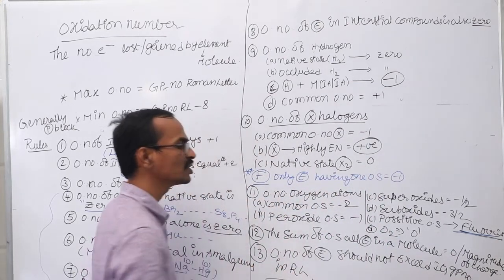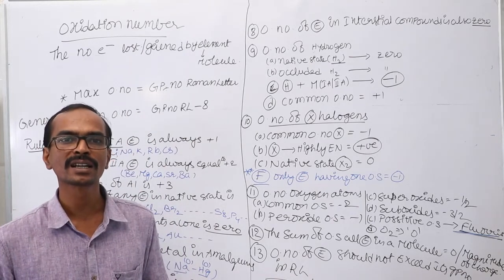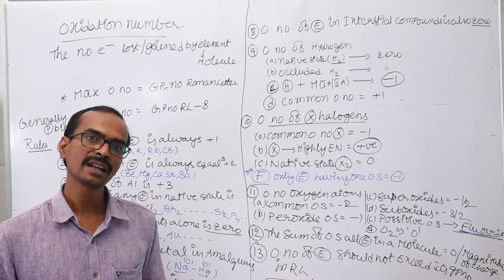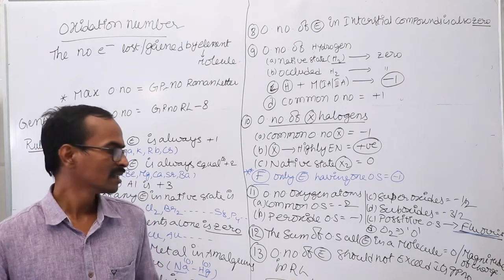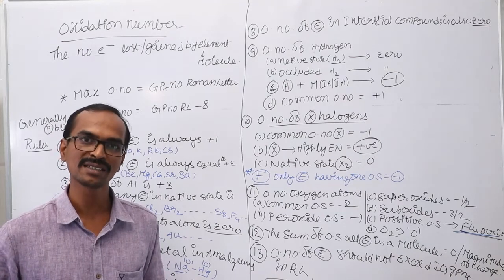If the oxidation number obtained is more than the group number, that is wrong, and we have to calculate it again. I will give the example for this point while explaining CrO5.